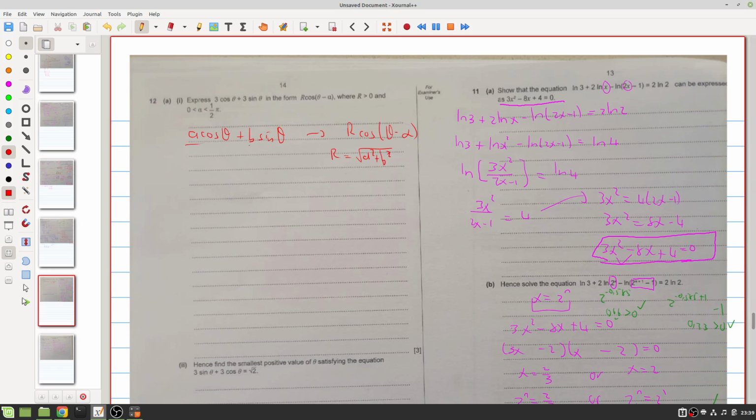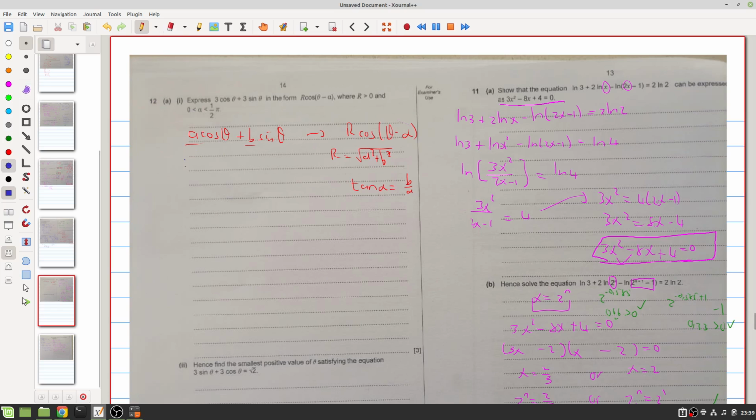So that's the a and that's the b. That's how we find the r. And to find alpha, tan of alpha is equal to b over a. So that's our basic rules.